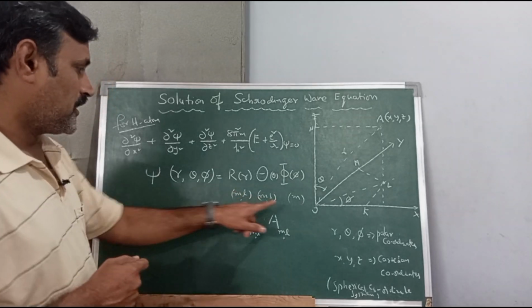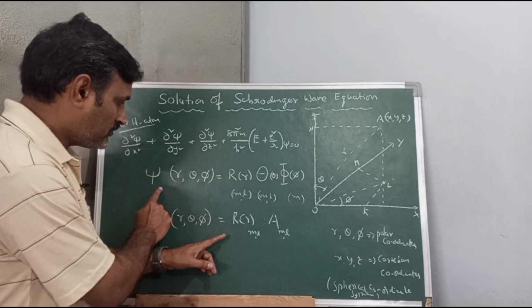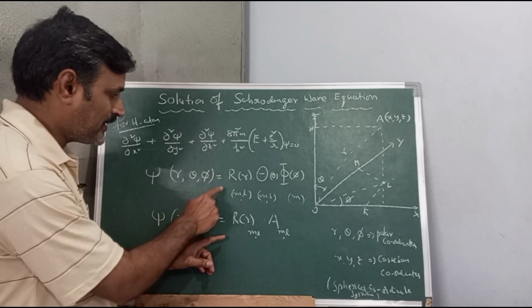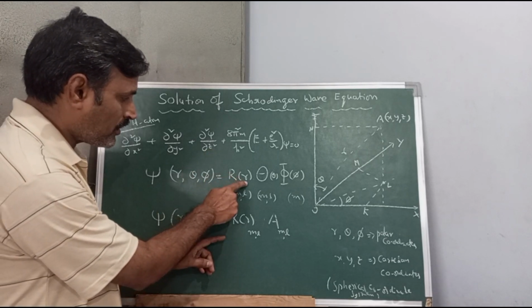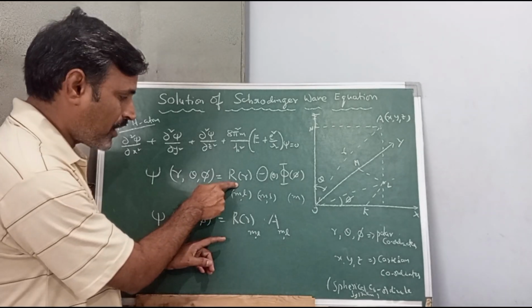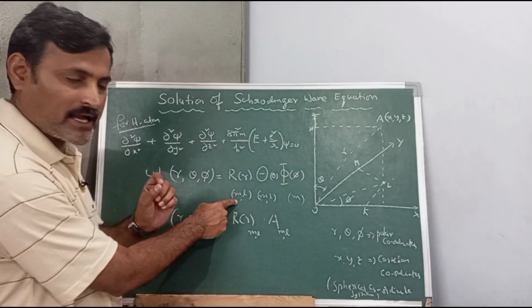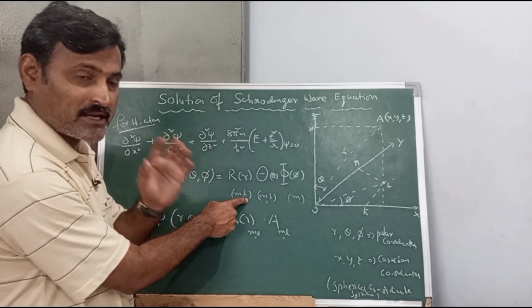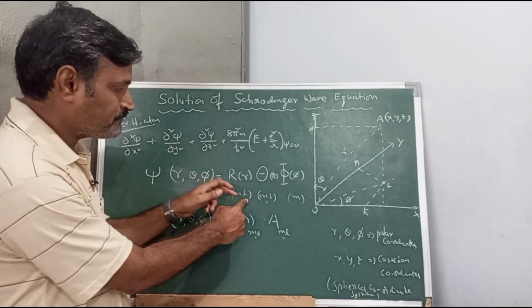That's why we have written this wave function solution here by giving R, this capital R, which is called the radial wave function part, which depends on the principal quantum number as well as the azimuthal quantum number, called the orbital quantum number.